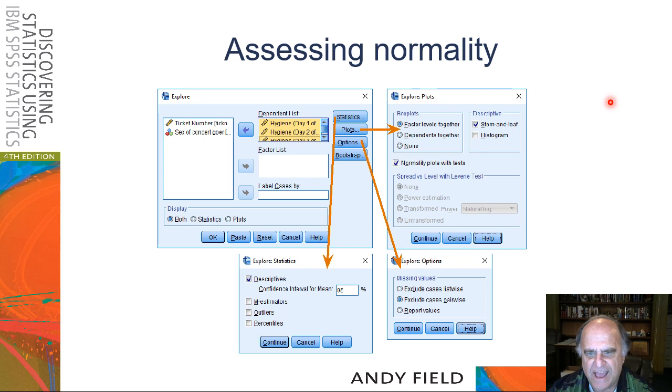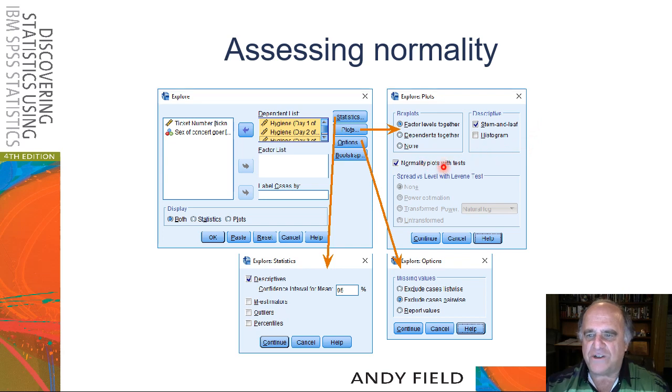And then it asks you how you want to do your box plots and your descriptives. It's common to get a stem and leaf plot. I never use stem and leaf plots, and I don't really like them. When I look at them, I have no idea what they're telling me. I'm not going to tell you about stem and leaf plots, but if you like them, you can get them.